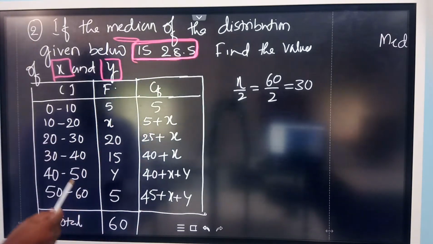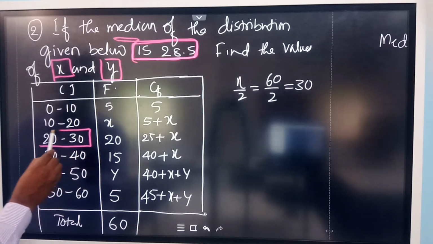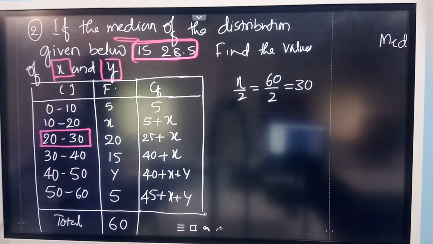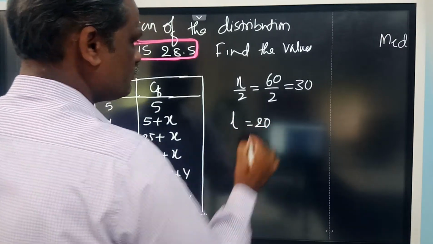The median is 28.5. Where will you get 28.5? This is the median class. Since 28.5 lies in the 20 to 30 class, the lower limit here is 20.